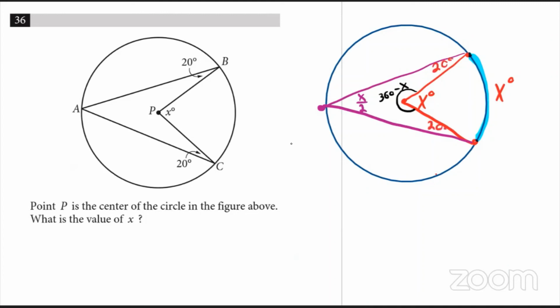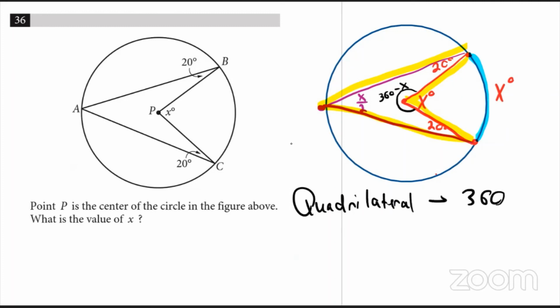And this is a quadrilateral that we're working with now. It's a four-sided figure. 1, 2, 3, 4. And the four angles of a quadrilateral have to add up to 360. That's something that you're expected to know on the SAT.